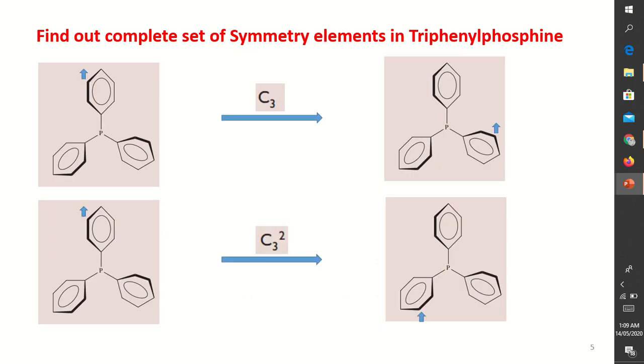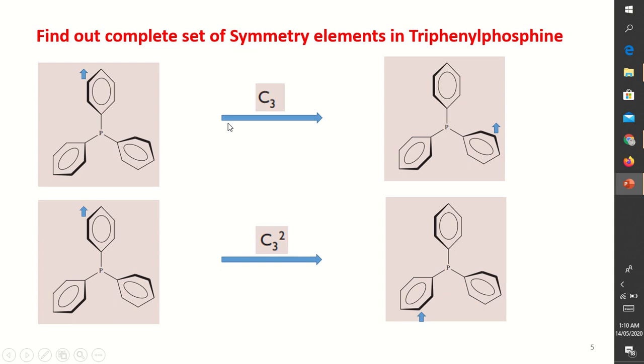Here is the operation product of triphenylphosphine. For example, we have the triphenylphosphine molecule, and we just placed an upward arrow on one of the carbon atoms of a phenyl group. This is for our reference only, so that we can easily understand what will happen if we apply symmetry elements and operations to this reference molecule.